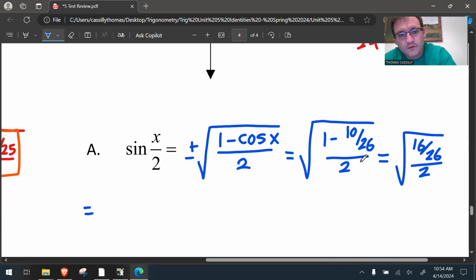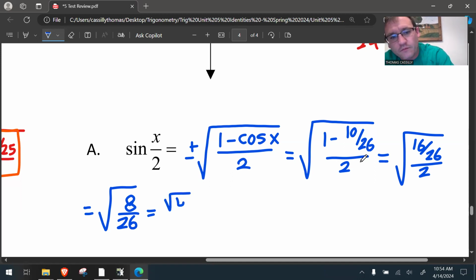Simplifying further, I'm going to call that 8/26, and that's a fraction we can reduce. It's 4/13. So this is the square root of 4 over the square root of 13.